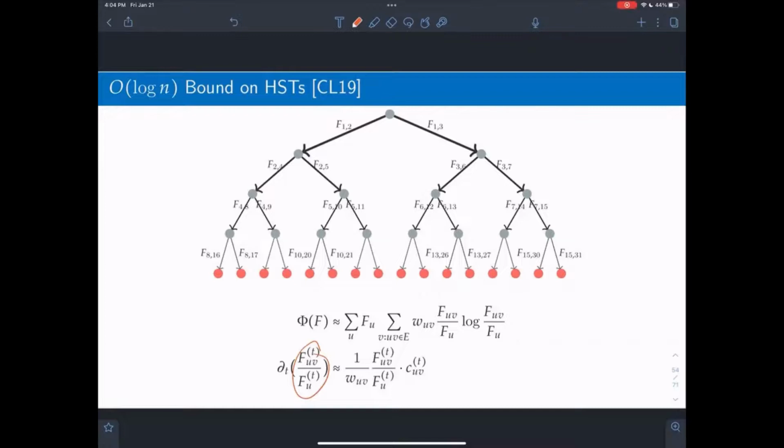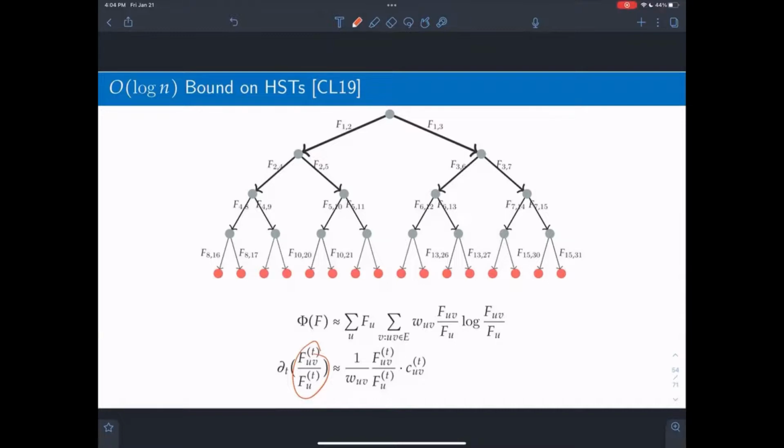And this extra factor of log n that comes from this black box reduction seems kind of unnecessary. So it seems like mirror descent is the correct framework to approach this problem.